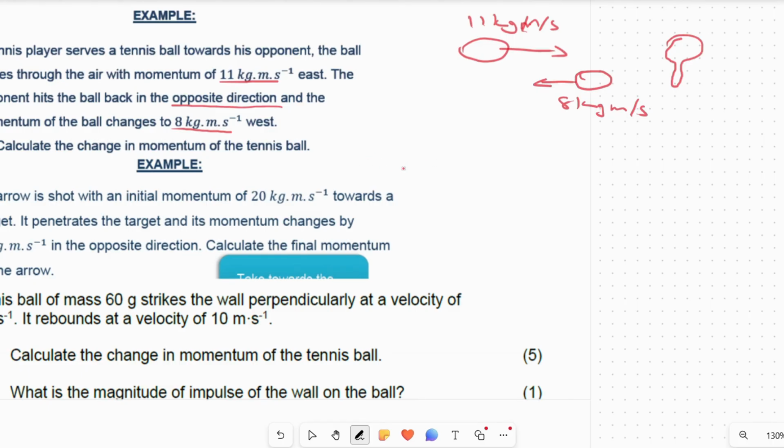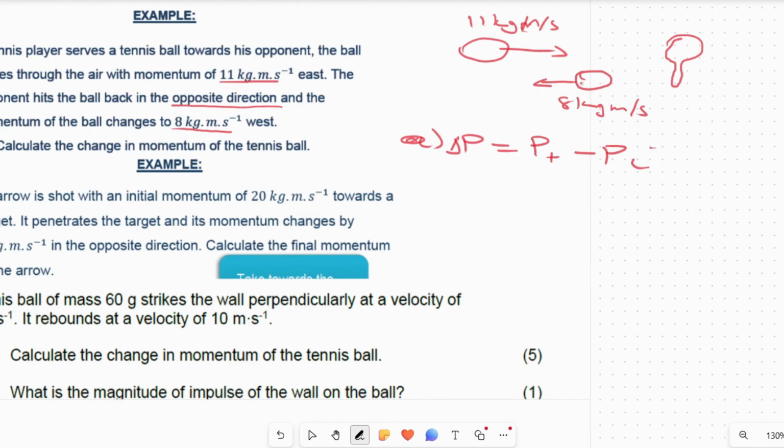Now let's look at the first question. It says calculate the change of momentum. So what is a change of momentum? It is delta P equals P final minus P initial. Remember, for the tennis ball, we treat this as our initial situation because it is before it is hit by the racket of that tennis player.